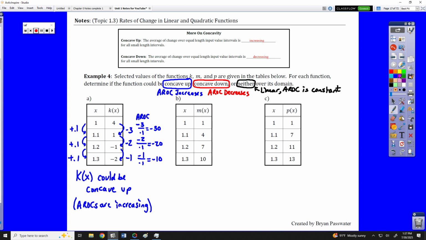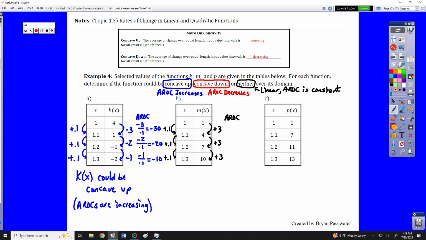Now we have the exact same x pattern on all of these tables. So on part B, all the x's are still increasing by 0.1. The m of x values are increasing as well by 3 each time. Now what does that mean?